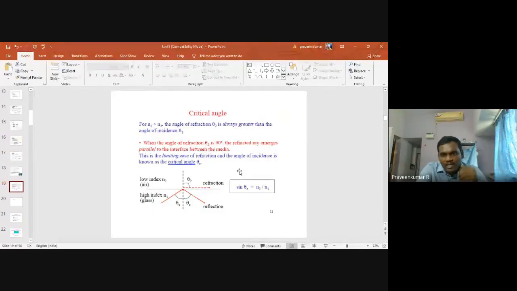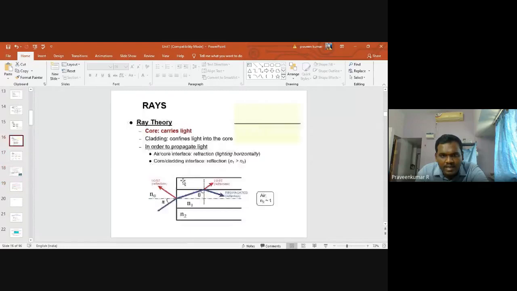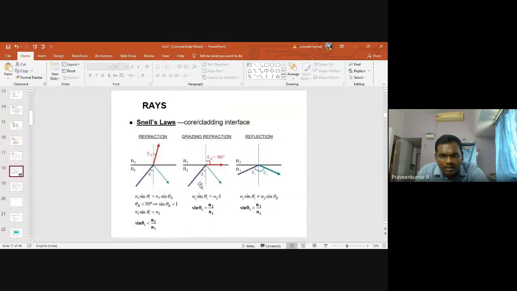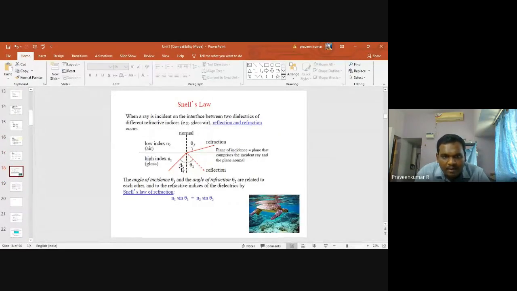So how will you achieve the refraction? By making the critical angle, theta c. Suppose I am considering this theta i, and I am rotating it upward, nearer to the interface point or nearer to the normal line.